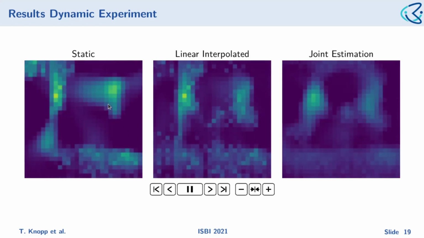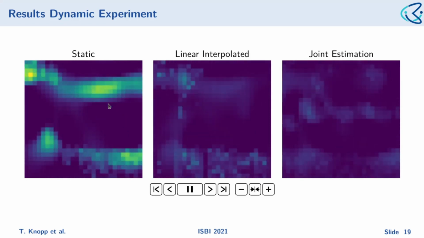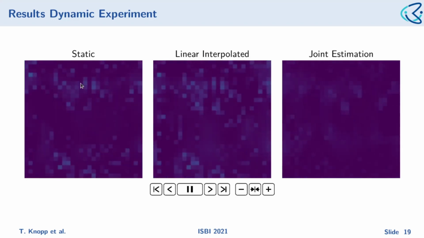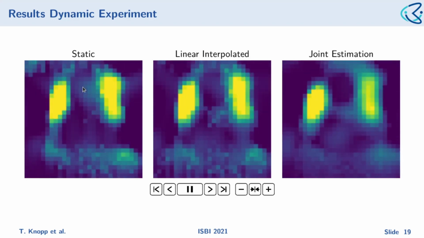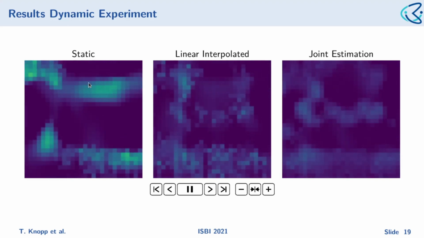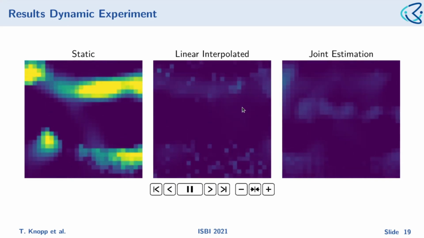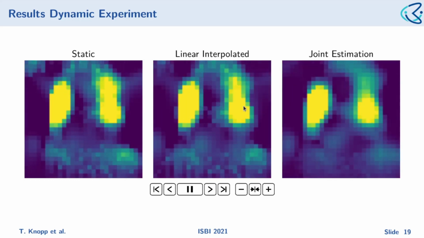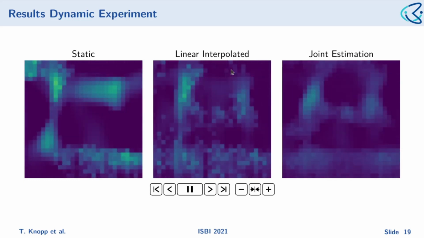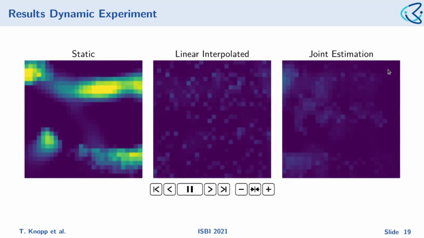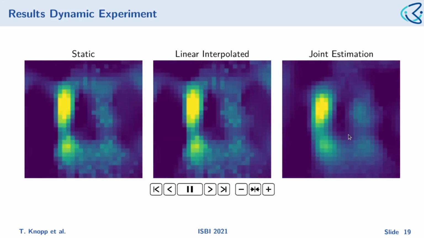Here are the two brain halves. For the static background correction, one can see an artifact after the tracer has left the phantom. Here. These artifacts are successfully removed by both the linear interpolated background correction method and by our proposed dictionary-based approach shown on the right.